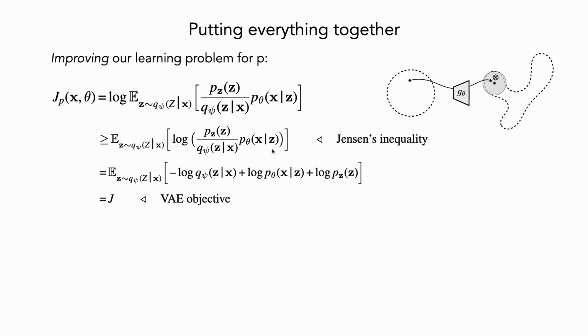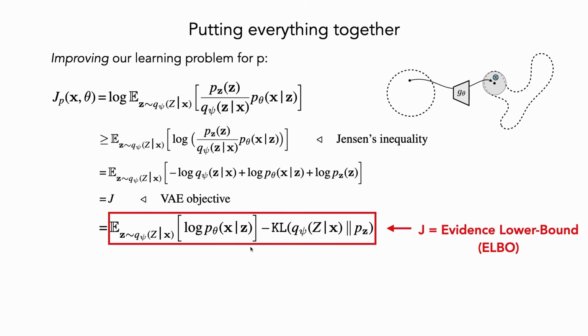And now what we have is a lower bound to our objective J. I can rewrite it: I take the log, I move around the terms a little bit. This is just rewriting some algebra. And this thing here is called the evidence lower bound. It's called the ELBO.